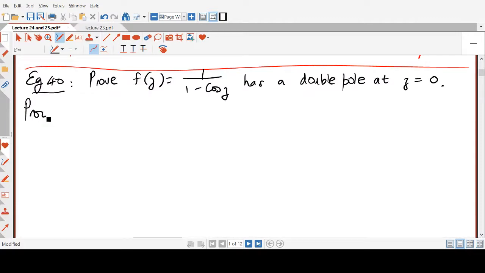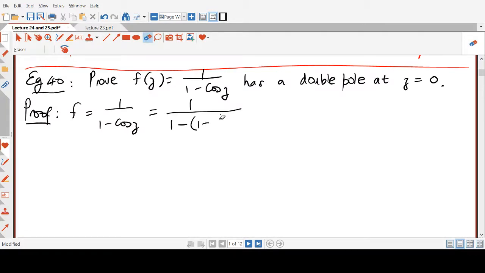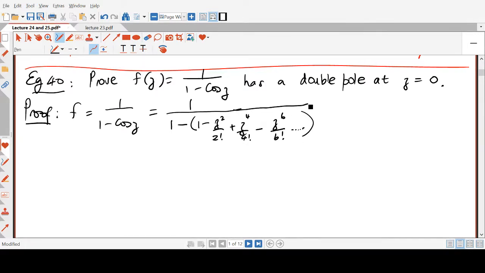So, proof. Let's take this f, which is 1 over 1 minus cos z. You may know that cos z is 1 minus z squared over 2 factorial plus z to the 4th over 4 factorial minus z to the 6th over 6 factorial, and so on. That's the expansion of cos z.